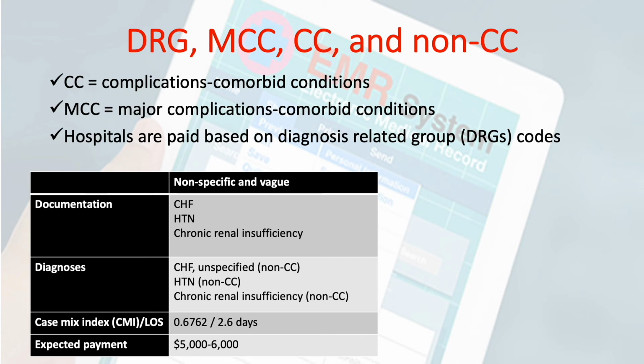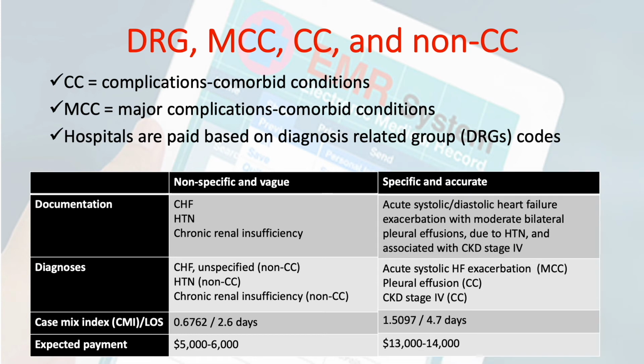Now, with the same patient, when you get a query, they ask you for more specific and accurate documentation. If you documented in the right way and wrote something like acute systolic or diastolic, depending on what the patient has, heart failure exacerbation with moderate bilateral effusions, if they have that, due to hypertension and associated with chronic kidney disease stage 4.